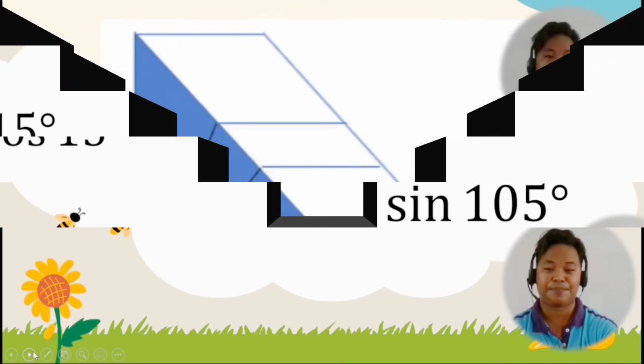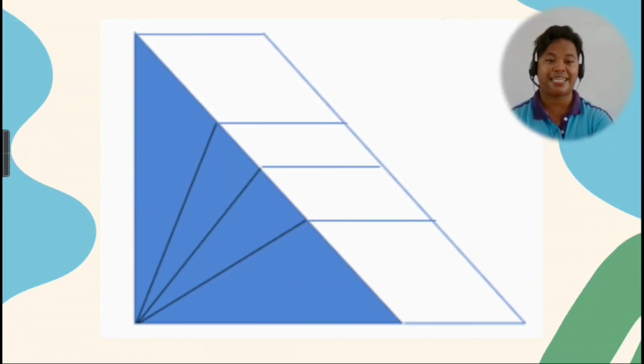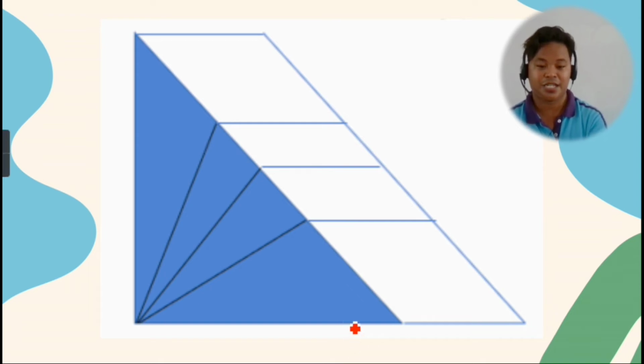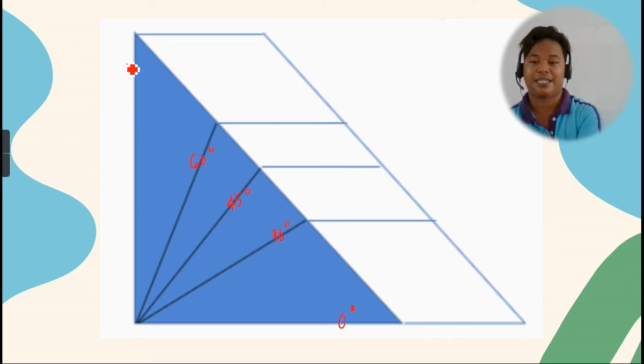So let's proceed. To help us calculate the exact value of the problems that we have earlier, let's recall the special angles, or the values of the sine and the cosine of these special angles. We have 0 degrees, 30, 45, 60 degrees, and 90 degrees.